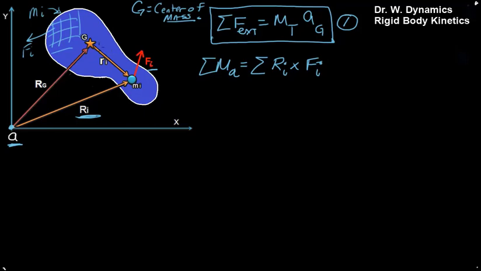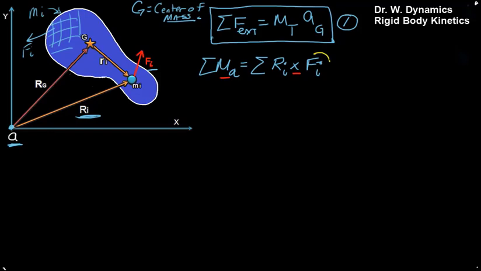And recall, for moments and torques, we need the perpendicular component here to find the torque, or the moment about A, due to that specific force, and that's why we have a cross product in here.